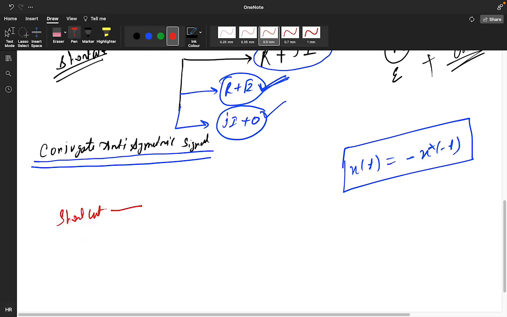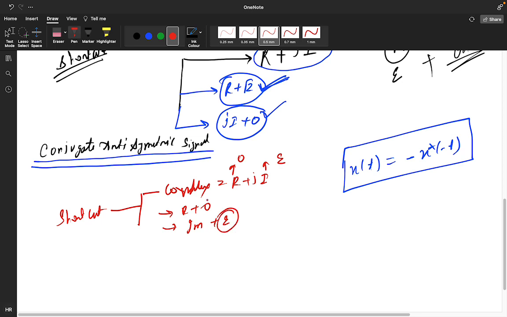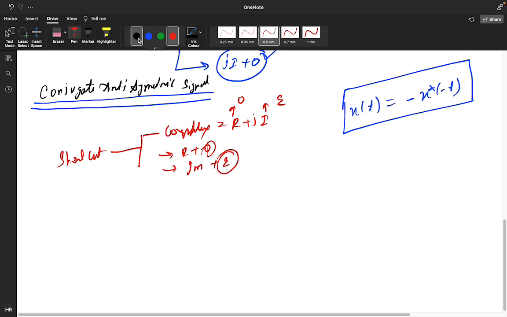For a conjugate anti-symmetric signal, the complex term, that is real plus j imaginary, real should be your odd function and imaginary should be your even function. Just opposite.